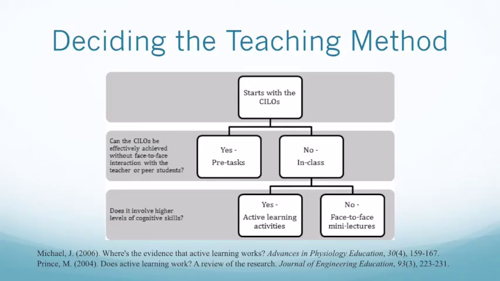So now it seems that there are different learning methods suitable for different learning outcomes. For lower level learning outcomes, didactic instructions may work very well, but for higher level learning outcomes, active learning may be a better answer.